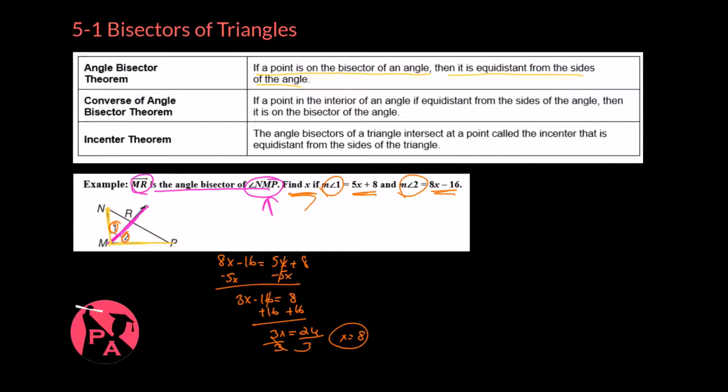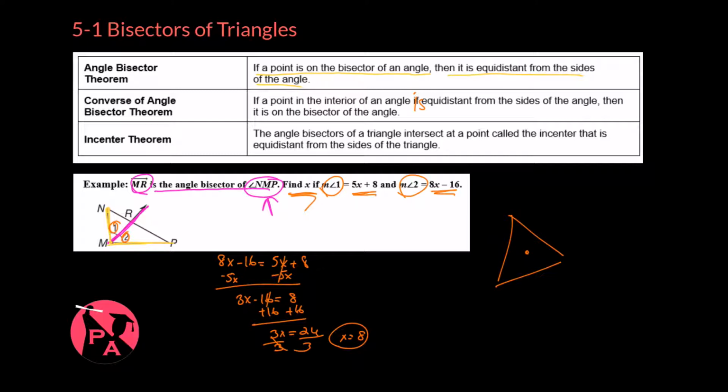But before that, please remember that the converse of the angle bisector theorem means if a point in the interior of an angle is equidistant from the sides of the angle, then it is on the bisector of the angle. So if you have a point, let's say we have a triangle here, and an interior point.